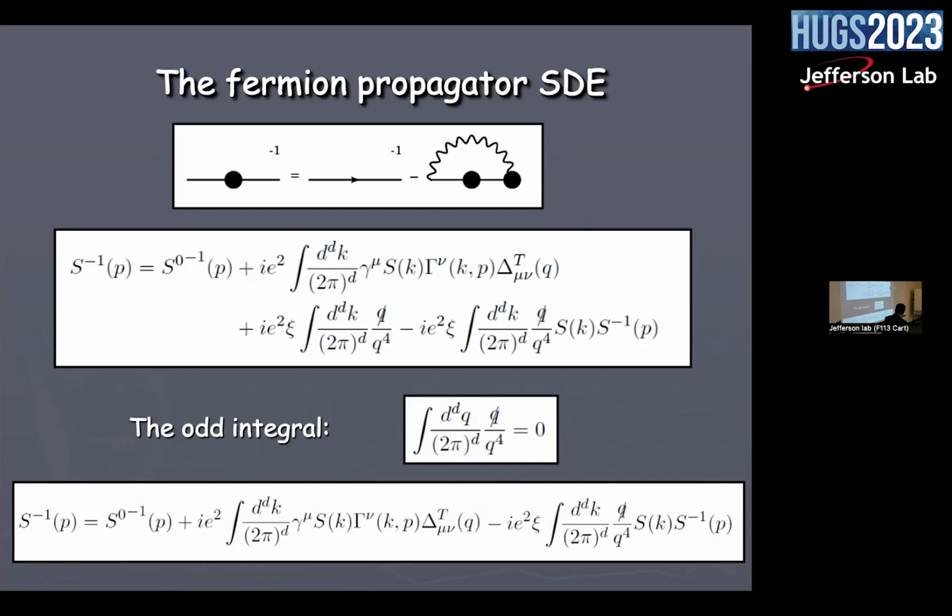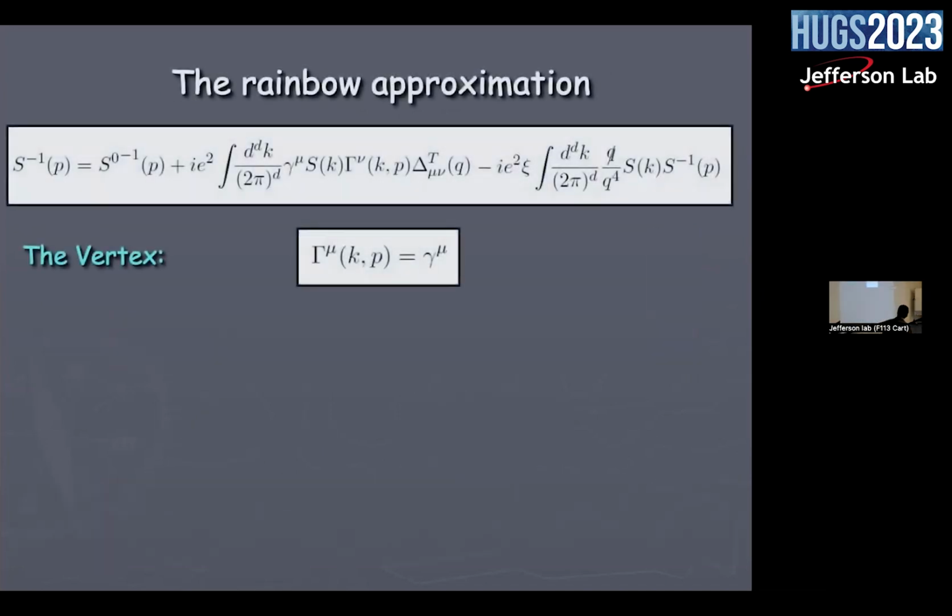So you use this: it's an odd integral, that's why it is 0. So you put this equal to 0, and then you will see that whether you had used dimensional regularization or the cutoff, you end up getting the same results for the different calculations that we were engaged in. So you have to use this trick.